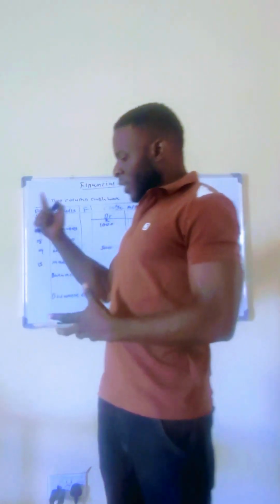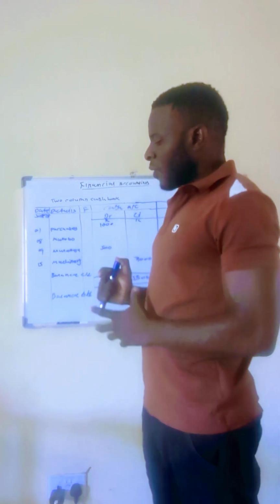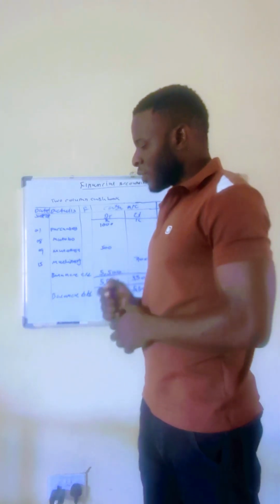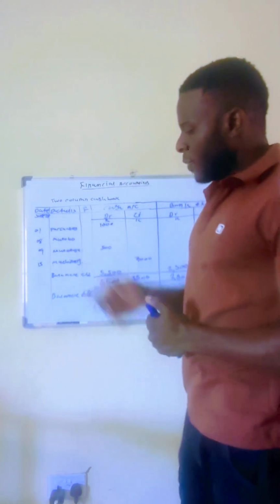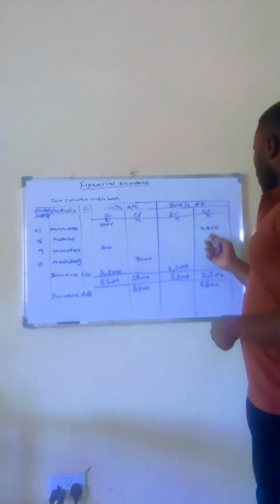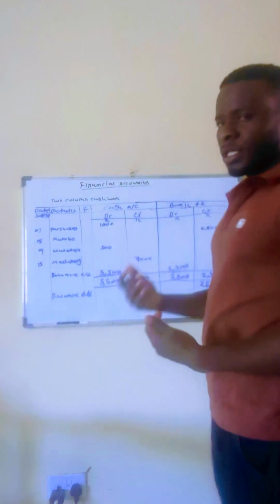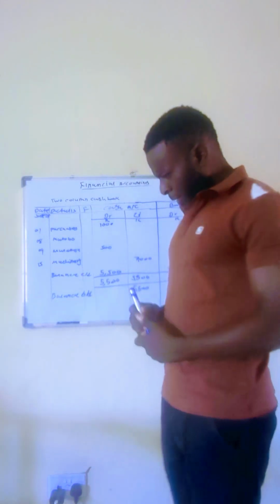We sold goods to M. Mutogo, meaning this person is the one who received the goods. So we are going to debit this person's account and credit the bank account by 2,500. This is just a revision of what we did.